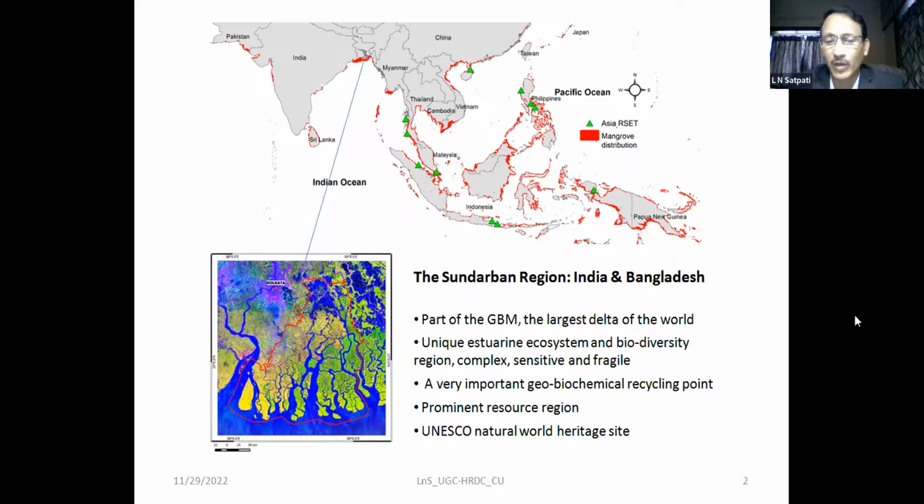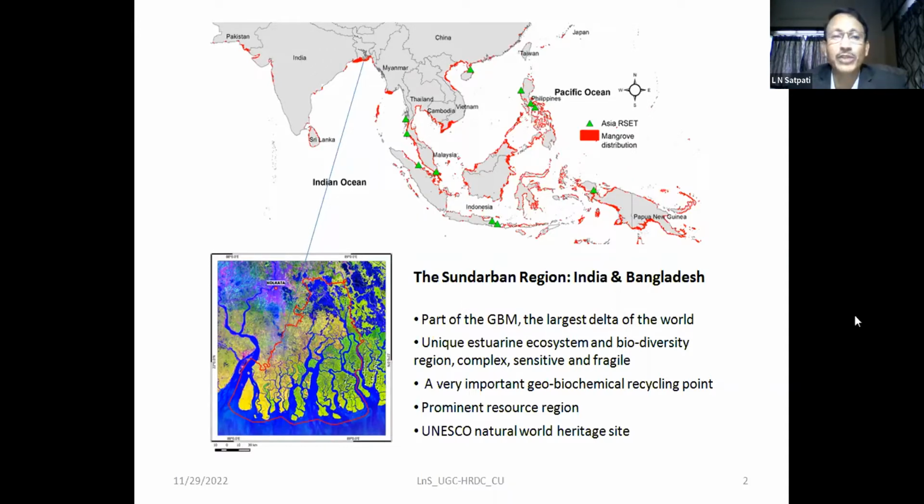These are mostly known. And it is also a very important spot or recycling point in terms of nutrients, because all the fluxes going through the upper reach, particularly from the Kolkata metropolitan region, go into the Sundarban region, where they are taken up as nutrients.